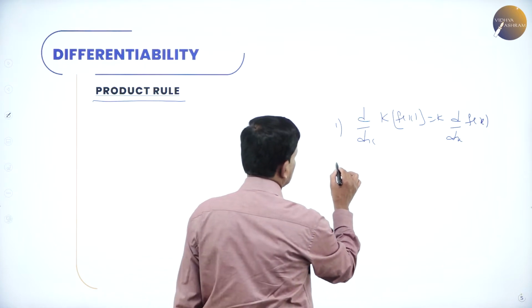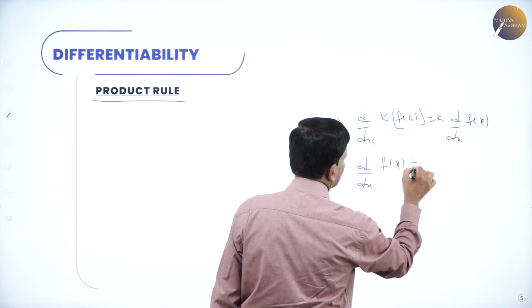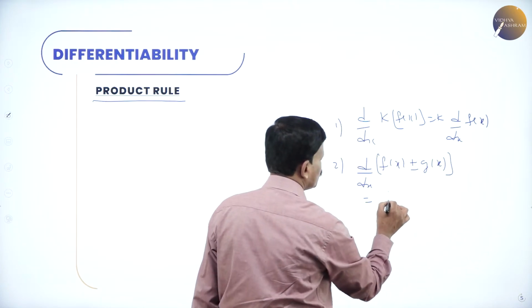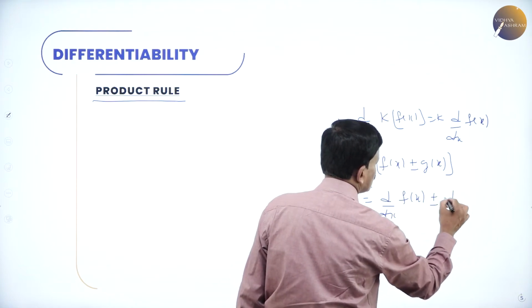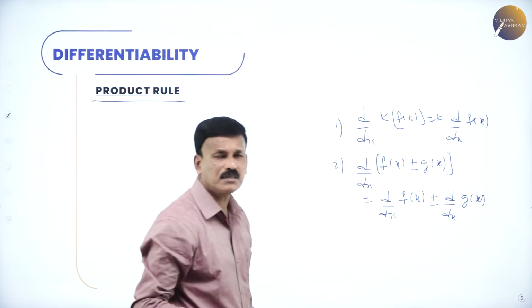Now, if it is d by dx of f of x plus or minus g of x, then it is term by term differentiation. So this is d by dx of f of x plus or minus d by dx of g of x.